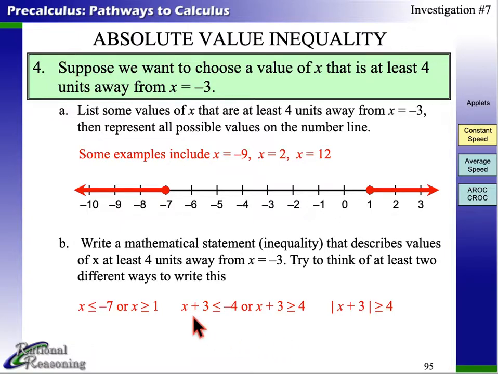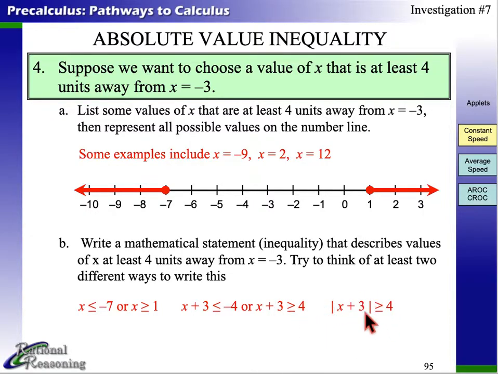Mathematically, we want to be away from -3, right? Remember, when you're calculating change, you subtract the two, so it would be x minus -3. We want the result to be either -4 or +4. This is going to be the distance between the two.